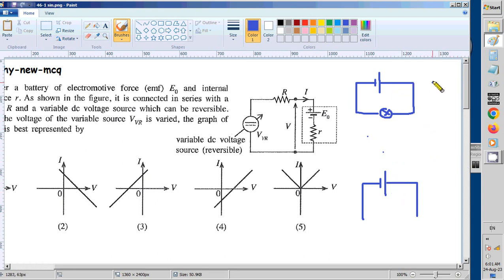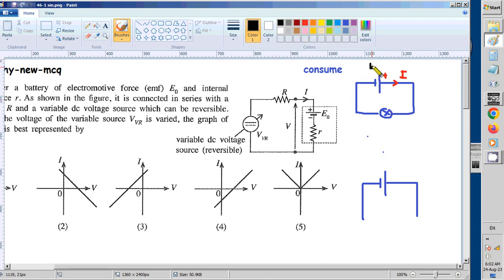So if we talk about the first one, consume. When we consume the battery, we take the current out, say I, from the positive terminal, then we say we consume.